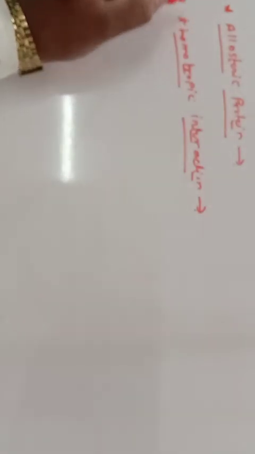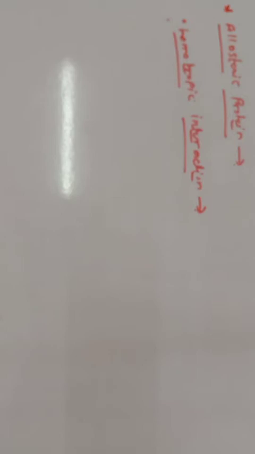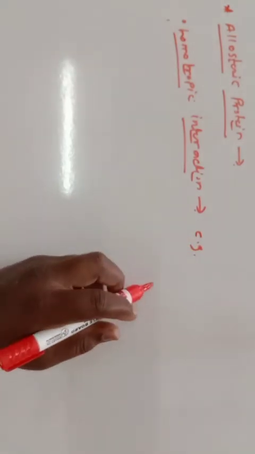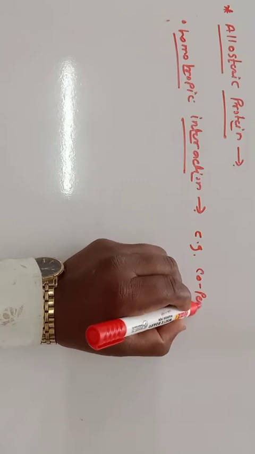So the best example of this homotropic interaction is the cooperative effect. You should remember that the example of homotropic interaction is the cooperative effect.